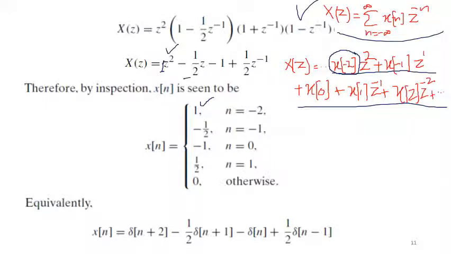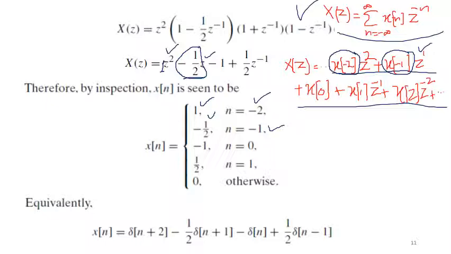Then I compare with the second one. The coefficient of this term is x[-1] and the coefficient of this one is -1/2, so that means x[-1] has value of -1/2. So we can say x[n] equals 1 for n equals -2, and -1/2 when n equals -1.